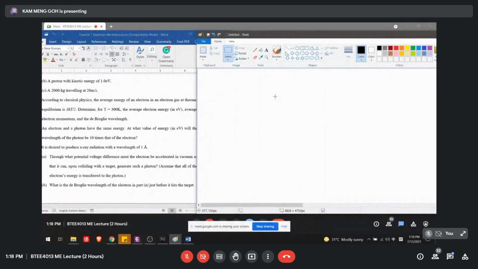Okay, let's put this side by side. At first the electron is accelerated. Then we know that the electron moves with kinetic energy, which is half mv squared, and that equals the electron's energy. It's like shooting an electron here, which then emits a photon.